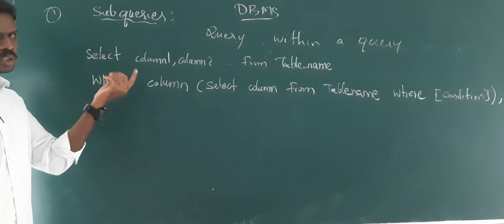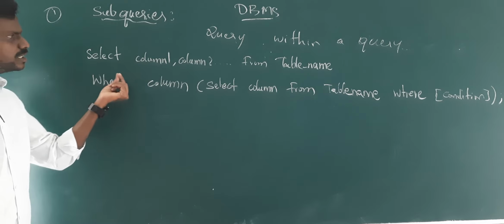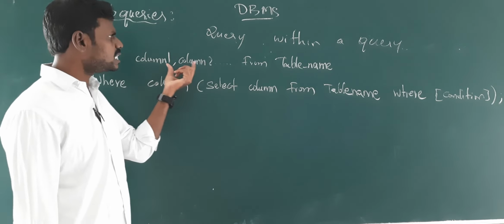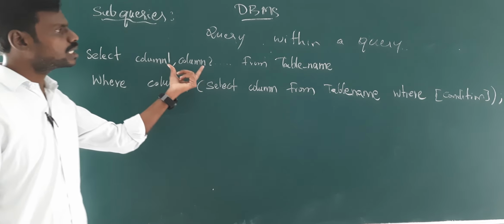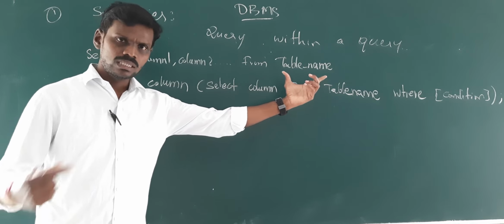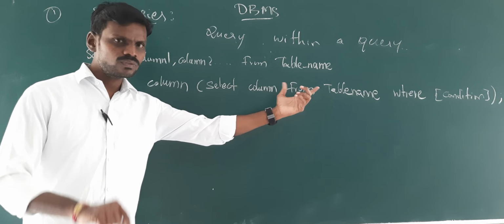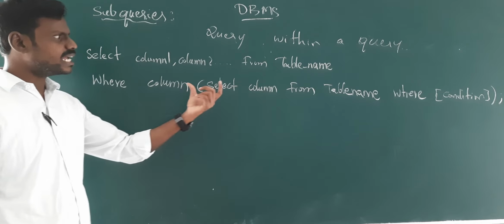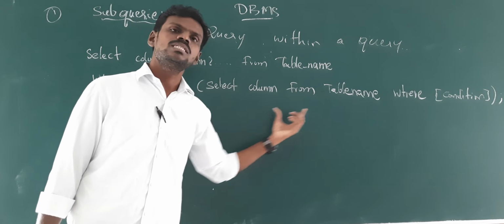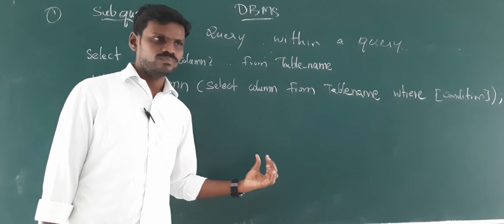Now observe this. Select: you can select all the columns, you can select one column, or you can select multiple columns. Select columns from table. This is a query. For this query, I have a where condition. For this where condition, I am giving the input in the format of some query.